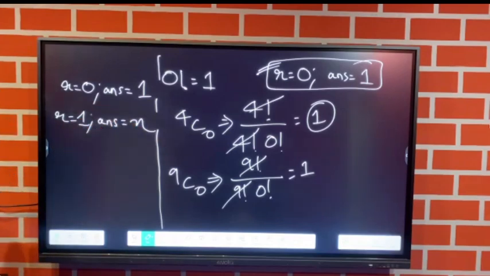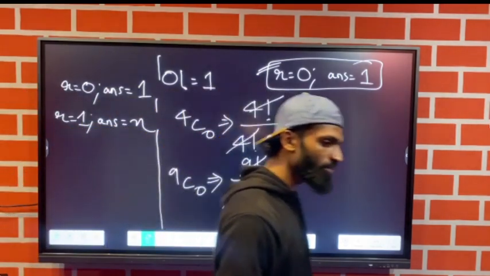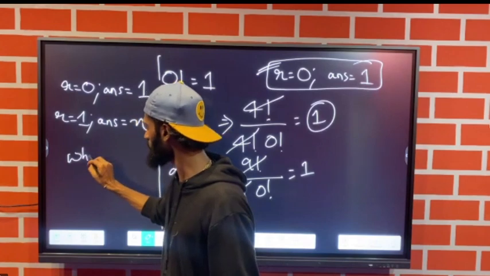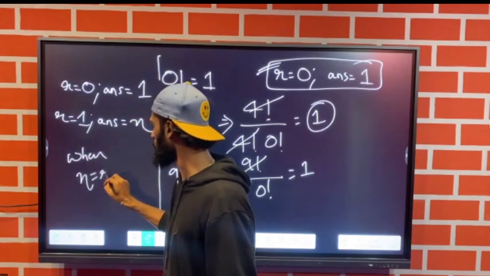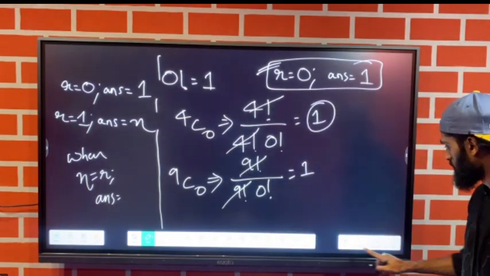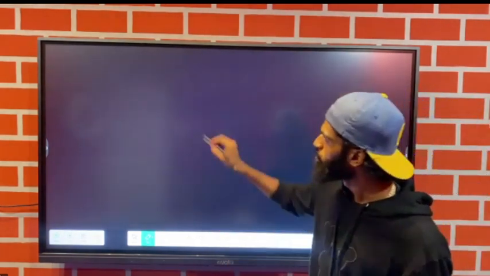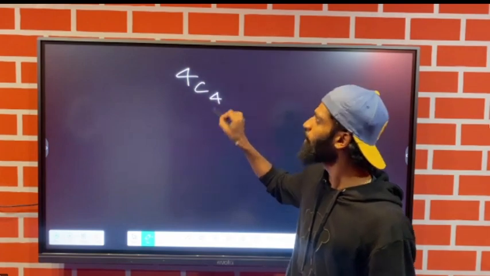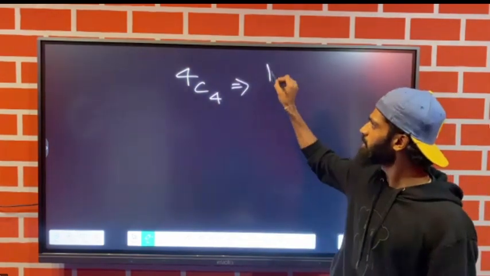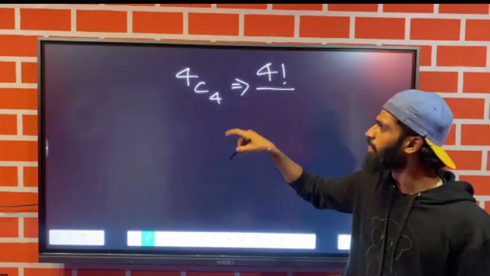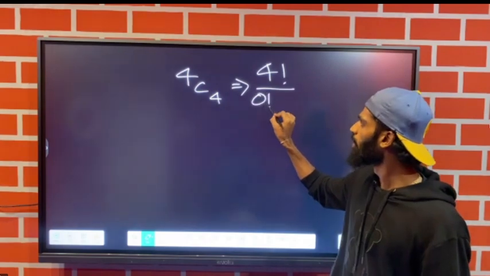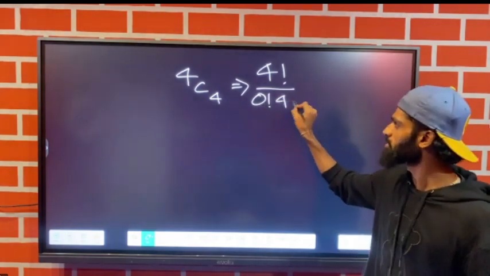But there is also one more case. What if n and r both are the same? What happens when n is equal to r? We'll check what the answer is. Focus. Let's try with 4. What is the answer for 4C4? 4 factorial as it is divided by 4 minus 4, which is 0, into 4 factorial as it is.